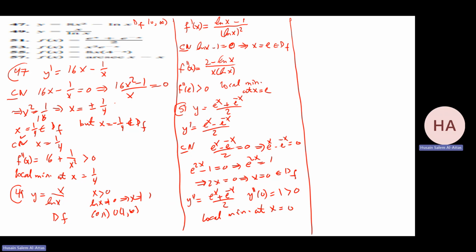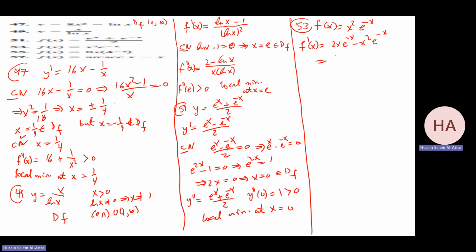Now, 53. I'm doing different functions only, but I think we are enjoying the calculations, to practice the calculation. y equals x squared e^(-x). We'll do f prime. That will be what? 2x e^(-x) minus x squared e^(-x).